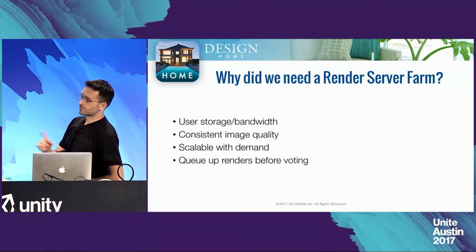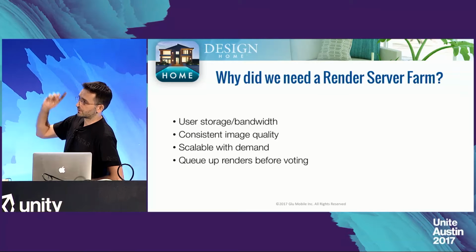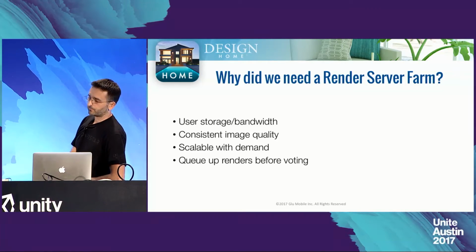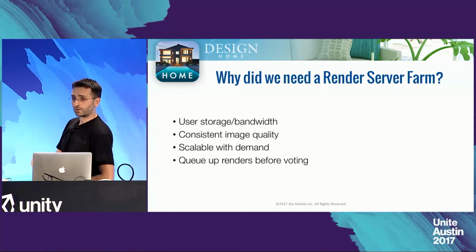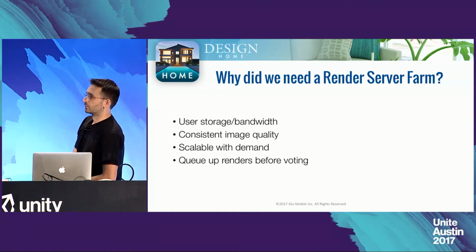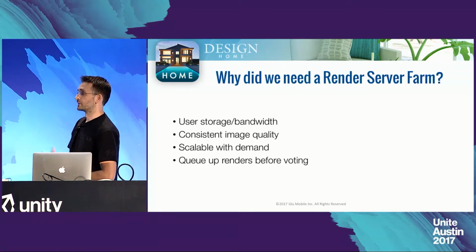The images that you see in voting, like you saw in my design history, are all done on a render server. We render them and resize them so we have them at multiple resolutions, and we only pull down what you need when you need it. And the farm is scalable with demand. As demand picks up, we spin up more instances.